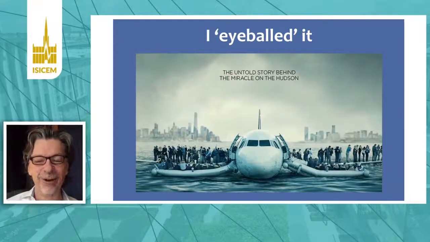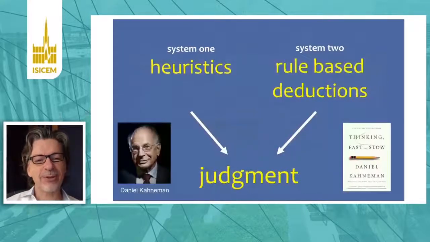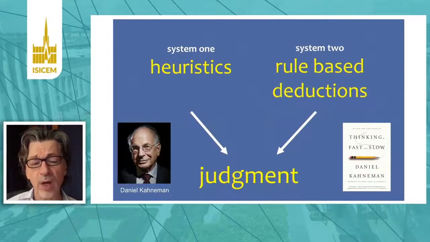And this is taken from Sully's famous landing of this airplane on the banks of the Hudson outside Manhattan. This has been further expounded into a general way of thinking that the brain actually has system 2, rule-based deductions, which is everything I spoke about before, but also system 1, heuristics, our eyeballing techniques, our snap judgments.